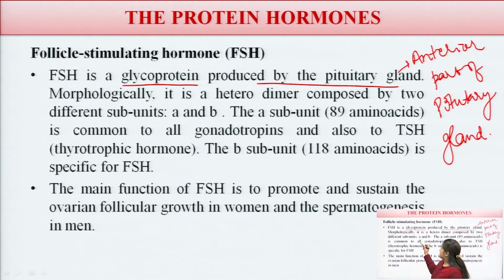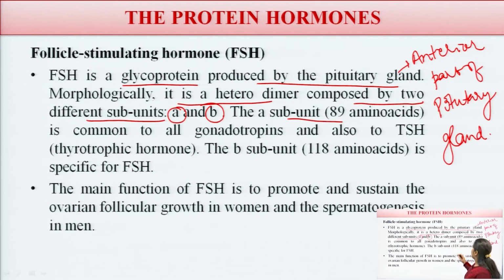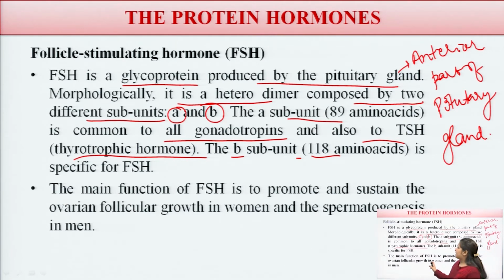Morphologically, it is a heterodimer composed of two different subunits, subunit A and subunit B. These subunits have 89 amino acids, which is common to all gonadotropins and also to TSH. What is TSH? That is the thyrotropic hormone. The B subunit has 118 amino acids, and it is specific for FSH.